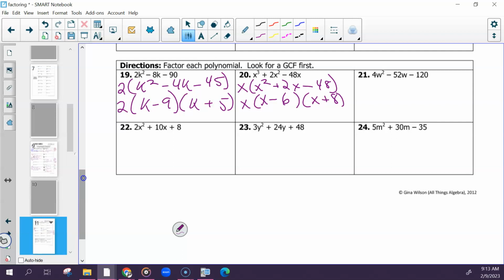Okay. And then one more. 21. Does that have a GCF? Four. If we divide everything by 4, what's left?